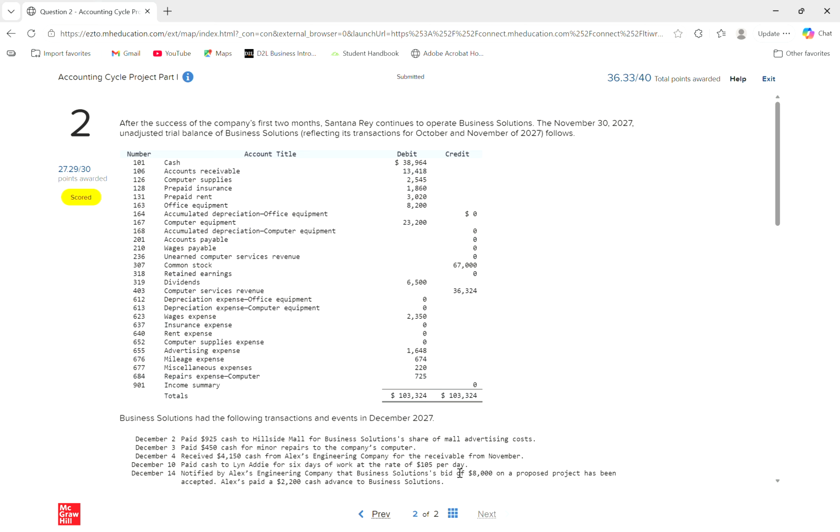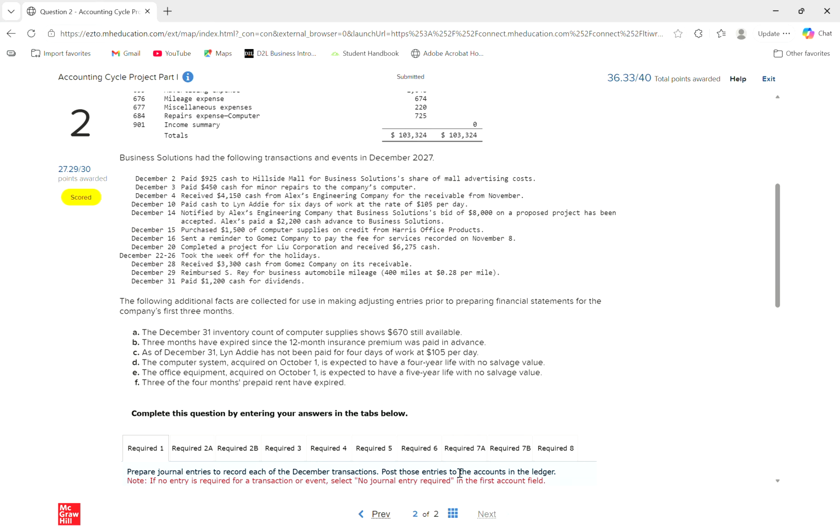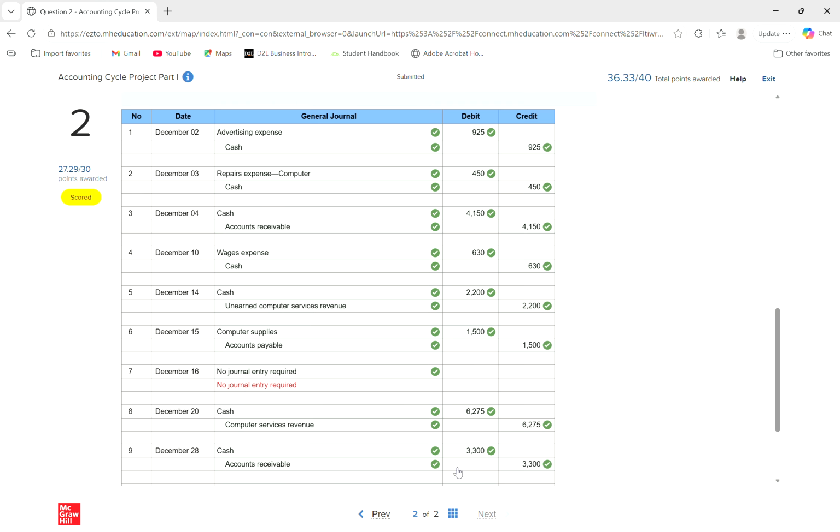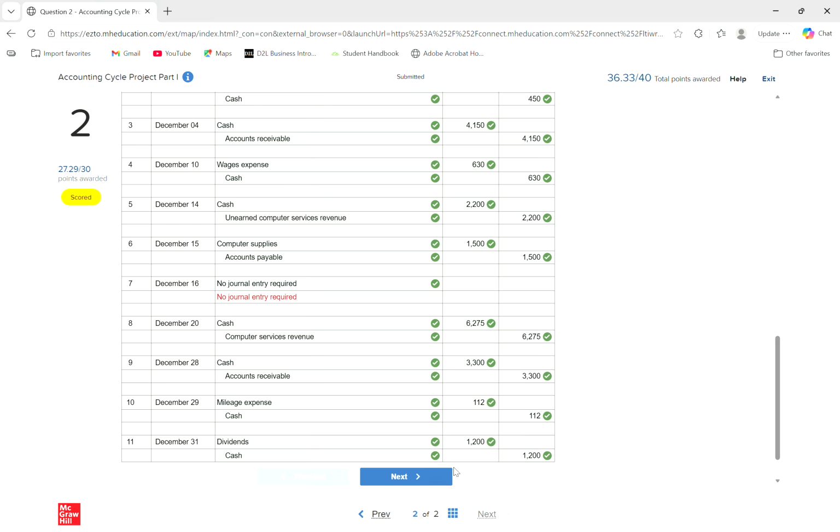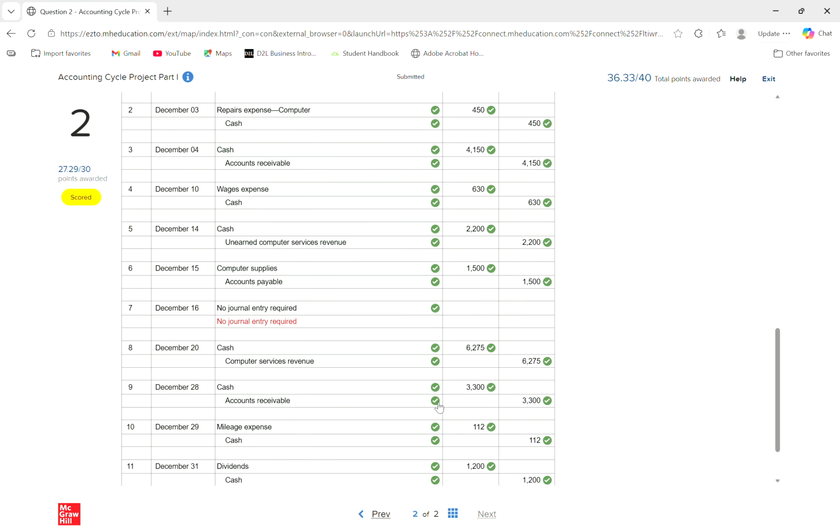In December, I recorded additional business transactions. For example, when advertising was paid, I debited advertising expense and credited cash. When wages were paid, I debited wages expense and credited cash. When accounts receivable were collected, I debited cash and credited accounts receivable.